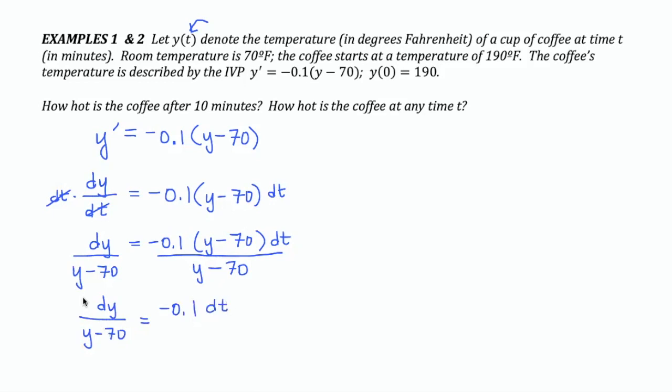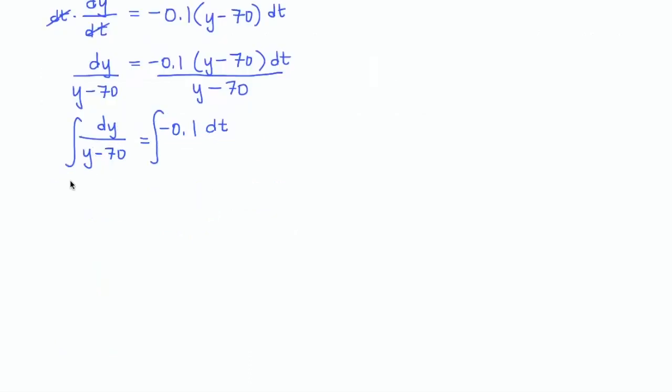Now that my variables are separated, I can go ahead and integrate. On the left, to do this integral here, we're going to want to do a u substitution, where u is my denominator of this fraction. Du just becomes dy. On the right, I don't need to do anything special there.